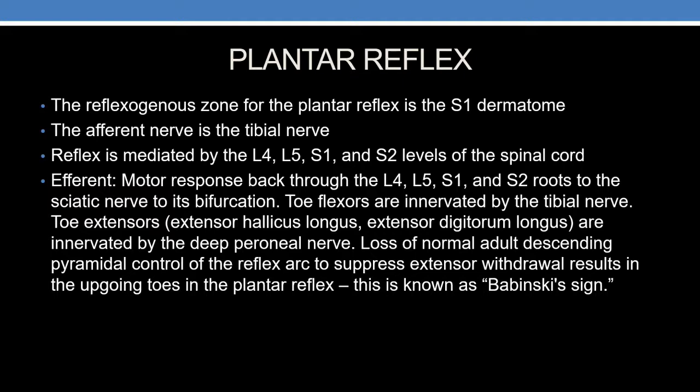If you look at it in cross section and even in longitudinal section, it's enlarged compared to the thoracic spinal cord. And the reason it's enlarged is because it has to accommodate millions and millions more sensory and motor neurons associated with the pelvic organs and also with the lower extremities.